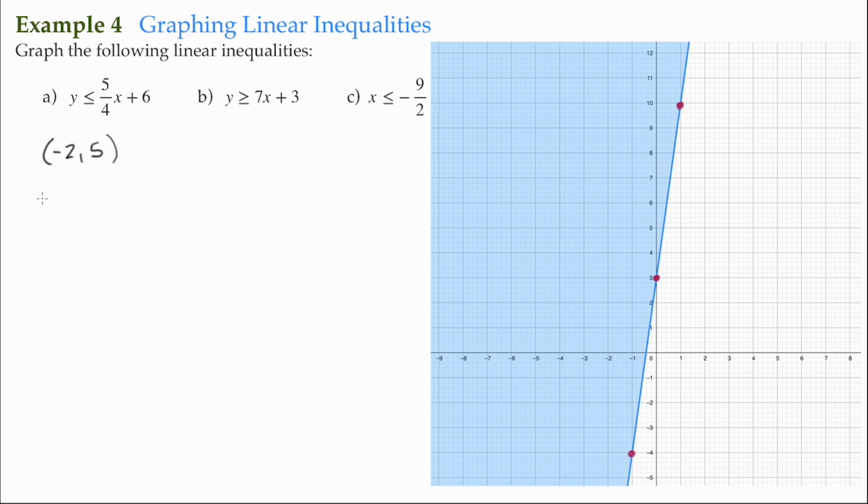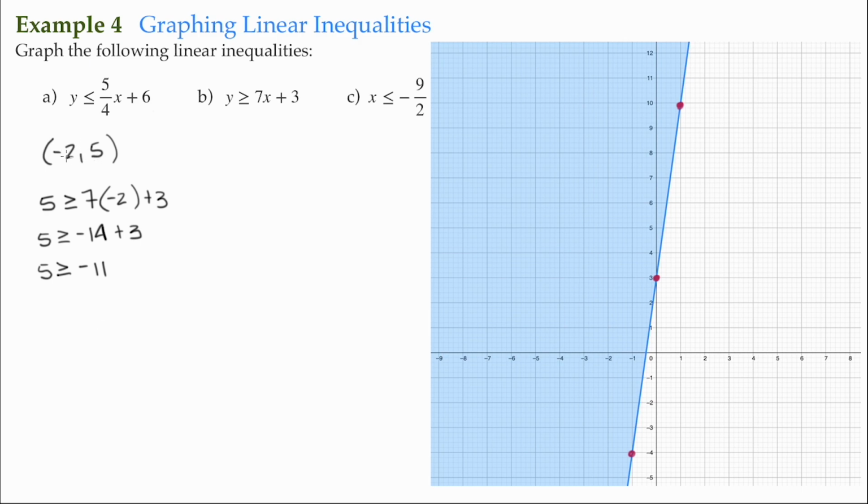So 5, that's our y, is greater than or equal to 7x, and x is -2, plus 3. 5 is greater than or equal to 7 times -2, that's -14, plus 3. And 5 is indeed greater than or equal to -11.